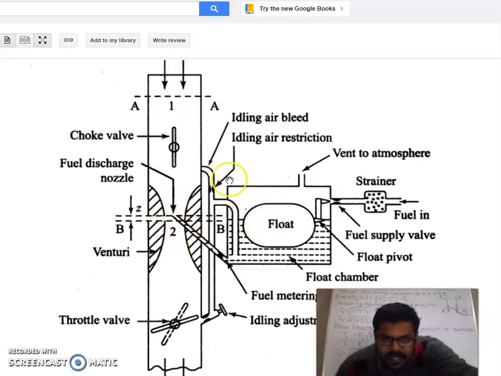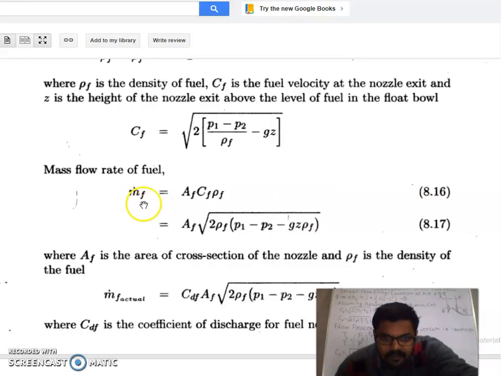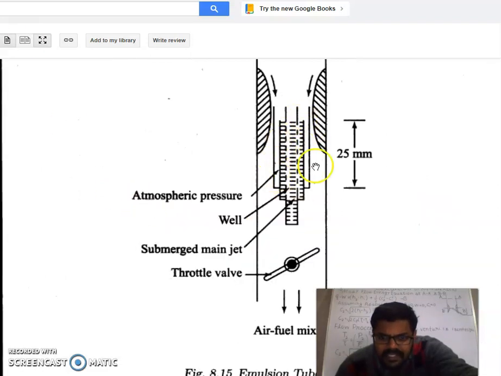As you can see from the derivation, the mass flow rate of fuel from the main jet is proportional to this pressure difference. The more the pressure difference, the more the fuel flow rate. But in this case, this pressure differential, which is the pressure at the float chamber P1 and the pressure here, P2, will decrease.